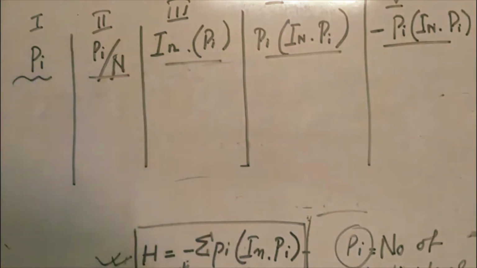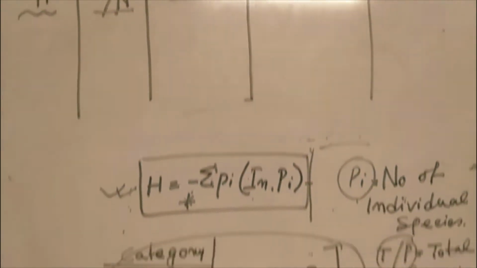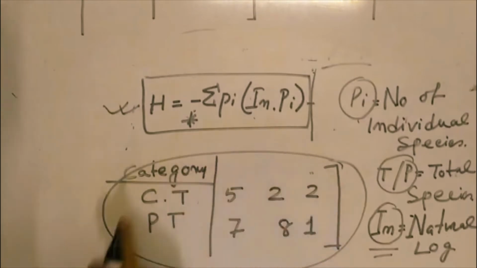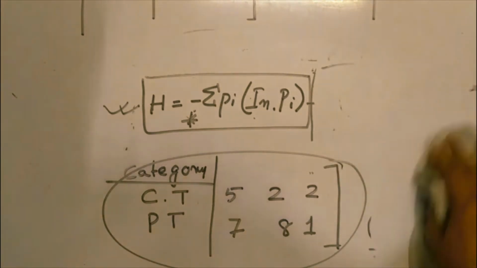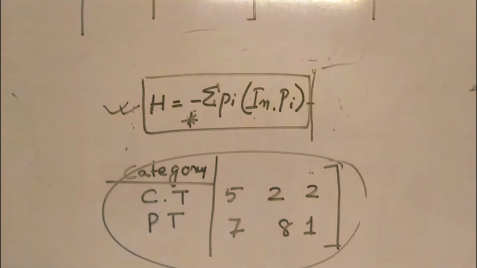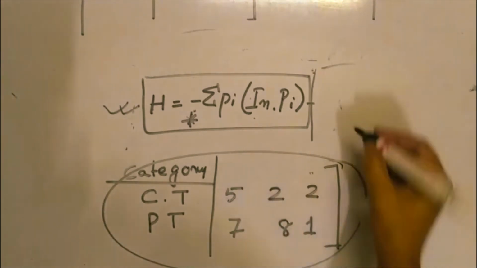First, from the given matrix we have to identify the T, that is the overall total number of plants.